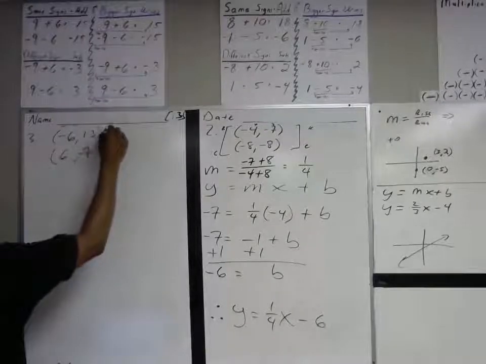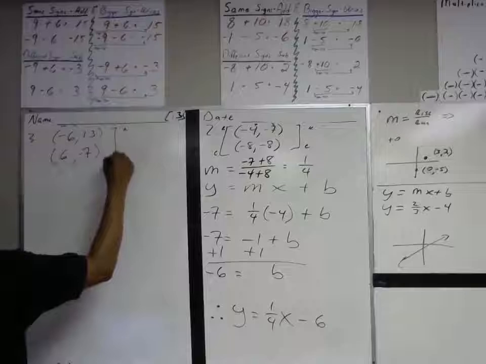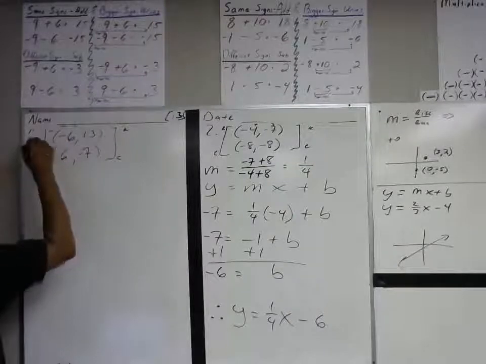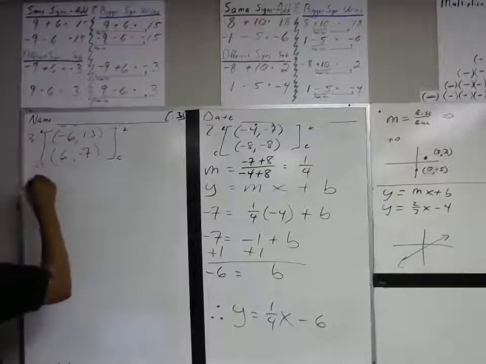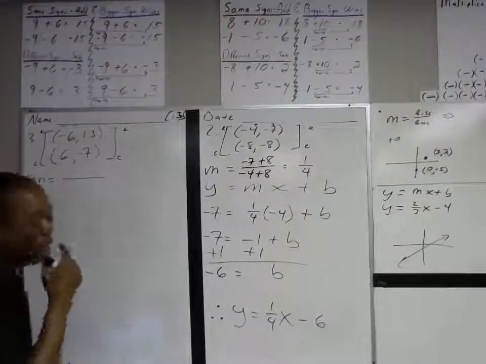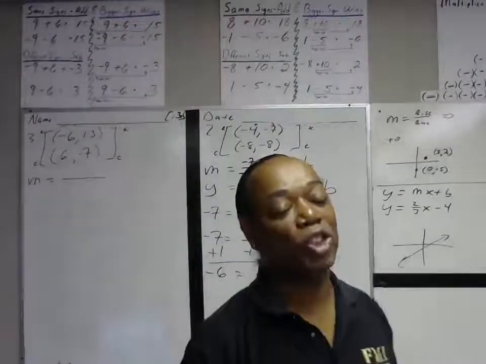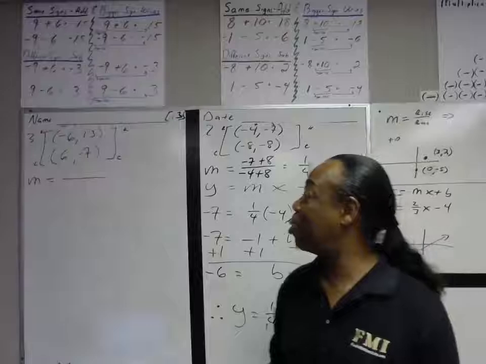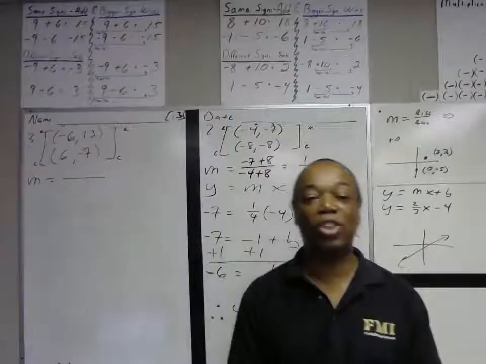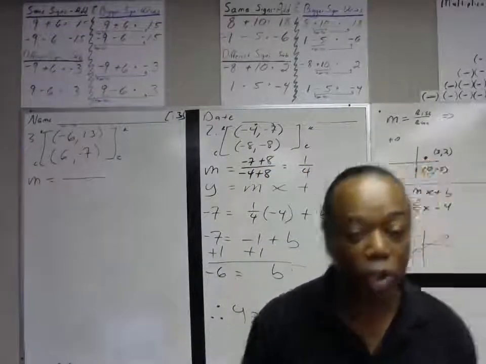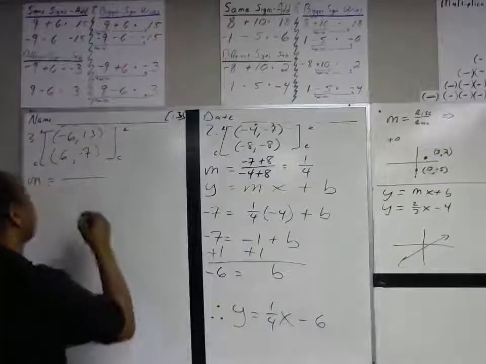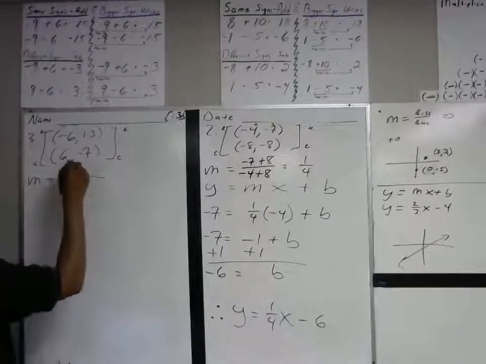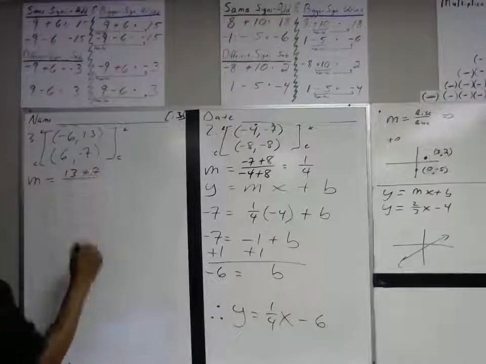Okay, guys, keep and change, keep and change, keep and change. So, when I do my keep and change for my slope, I'm going to keep the 13 and change the negative 7 to positive 7.